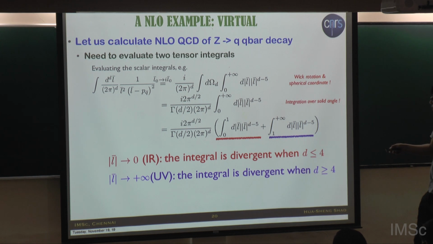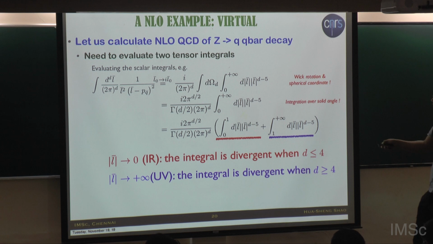If the magnitude of L bar goes to 0, this one, the red one, goes to infinity when the real part of the dimension is smaller than 4.